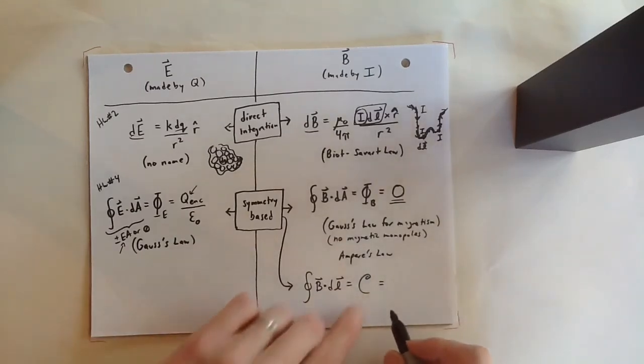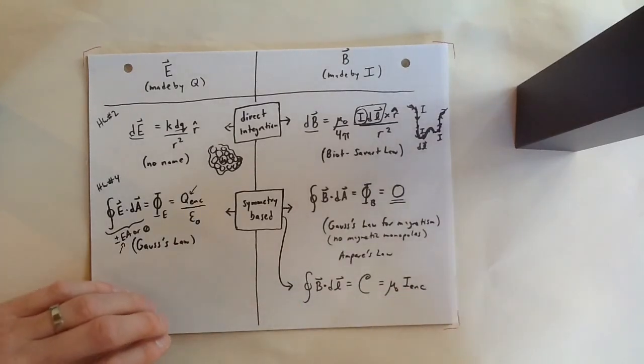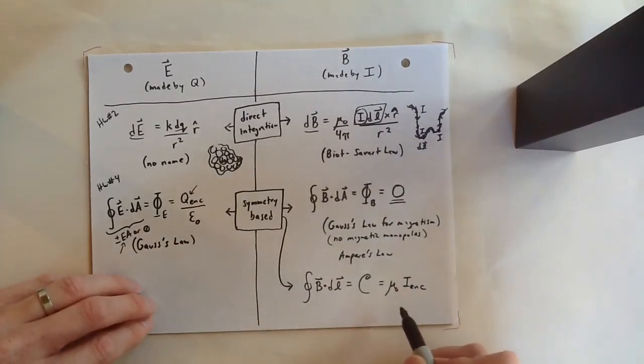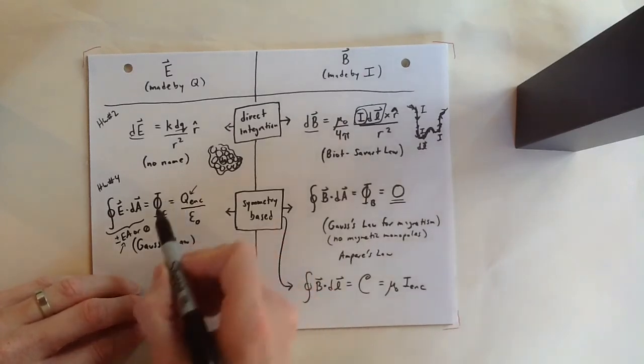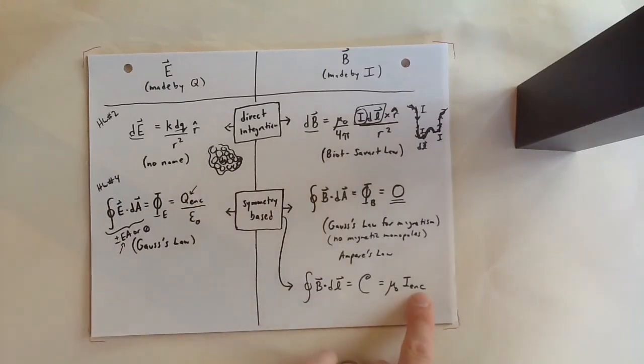The quantity we get is not called flux anymore, it's called circulation. And over here, you can see that it functions very similarly. Over here we have charge enclosed, which causes electric field. Here we have current enclosed, which is going to cause magnetic field.